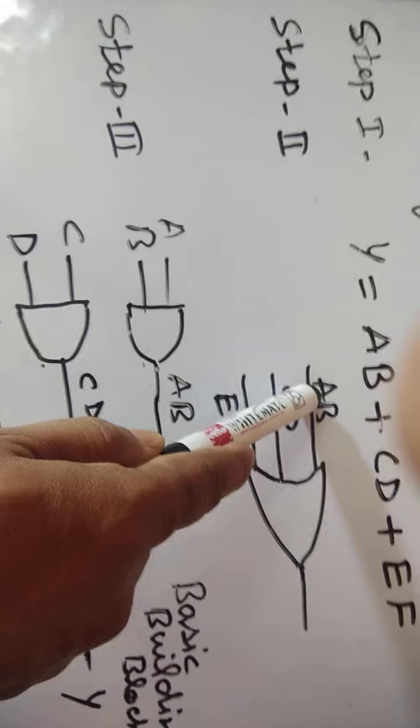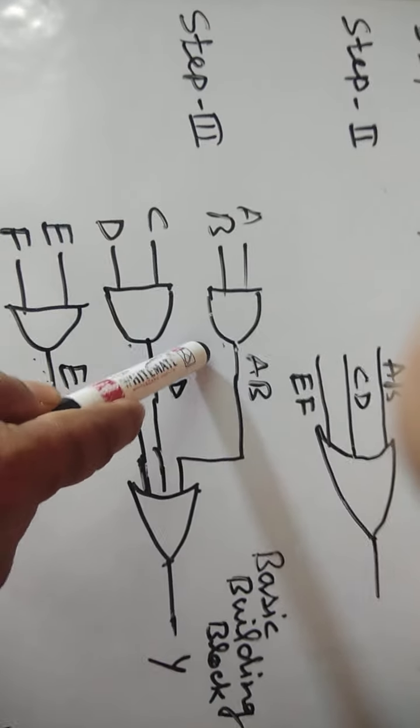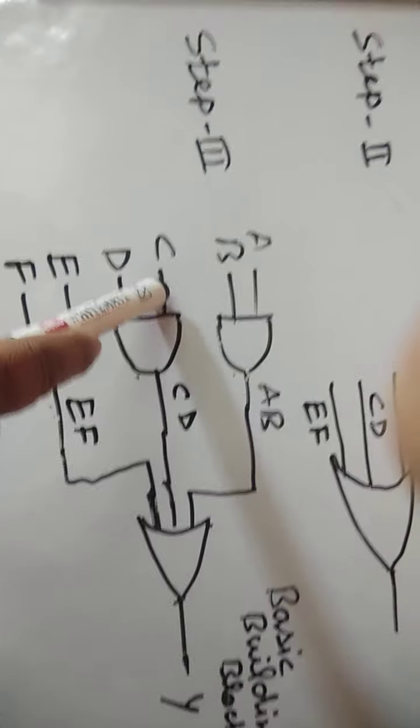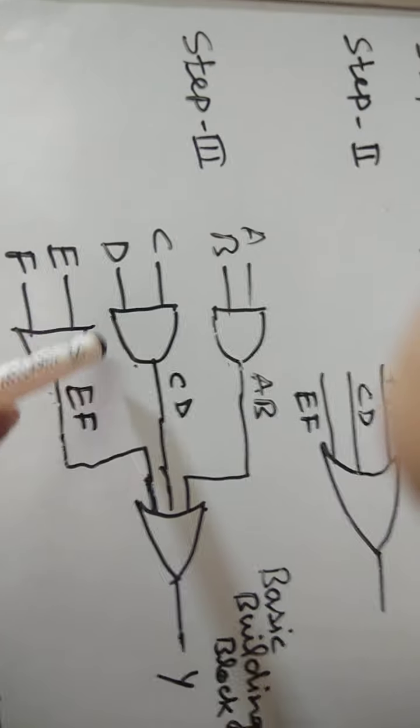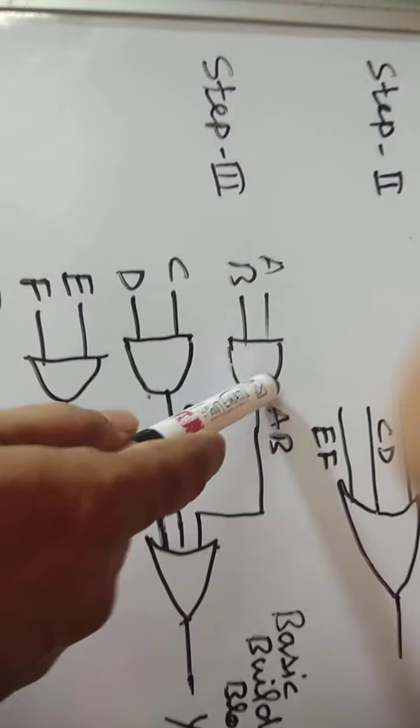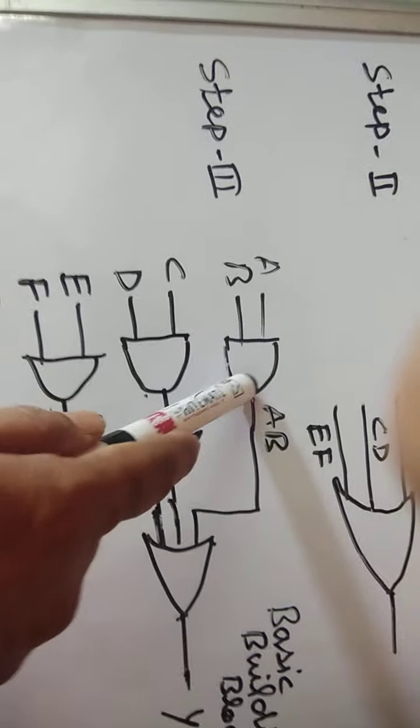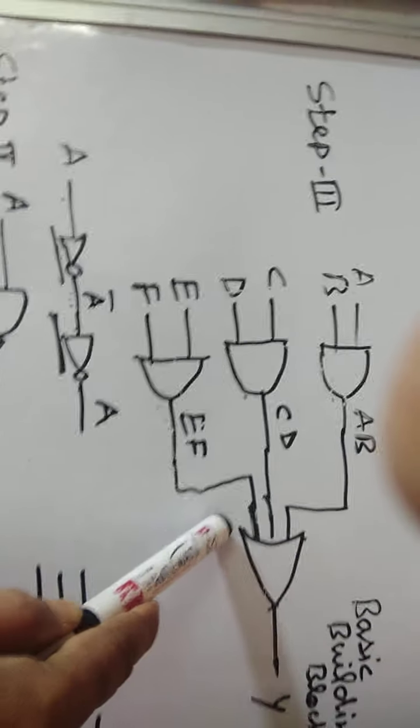AB is the output of an AND gate, CD is the output of an AND gate, EF is the output of an AND gate. All three AND gate outputs are applied to the OR gate. This is the basic building block.